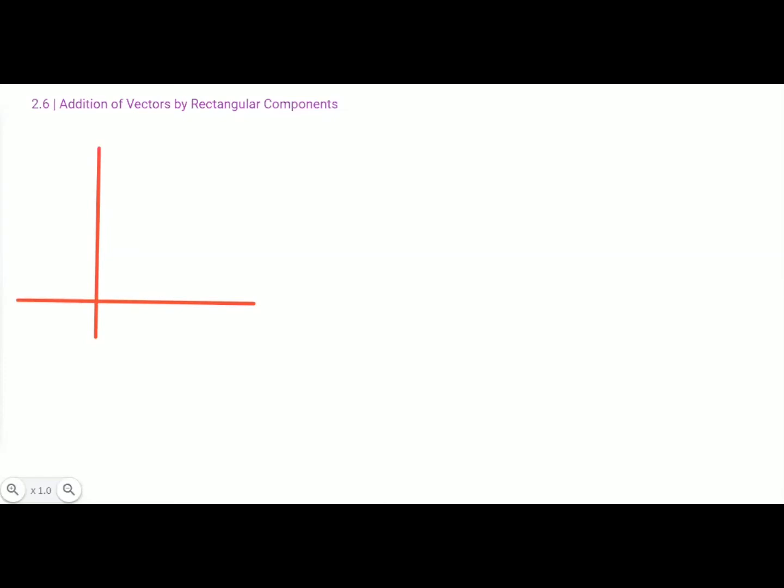And on these axes, if we consider a vector which is making an angle theta, let us name this vector as A. If this vector A is making an angle of theta A with the x-axis, we can resolve this vector into rectangular components such that it will be resolved into two components, one as its x component and the other its y component.